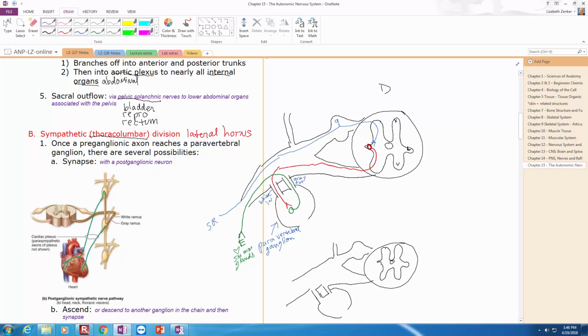So let's do green for a second. So we could have a connection here that would go from this guy to this guy over here. So pretend like there's a nerve connecting those two guys there, okay?